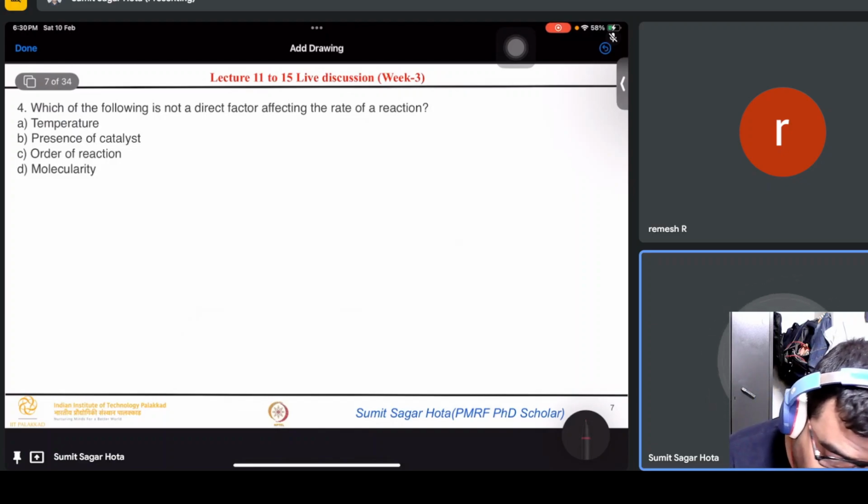Next question, which of the following is not a direct factor affecting the rate of reaction? So obviously you know temperature is a factor, then the reaction, and what is the order of reaction? Maybe it is the order of reaction of the product, or of the reactant. Mostly it's the reactant, so those things are actually taken into account.